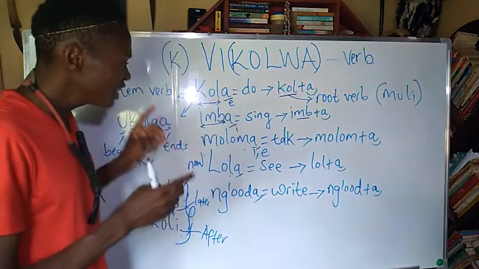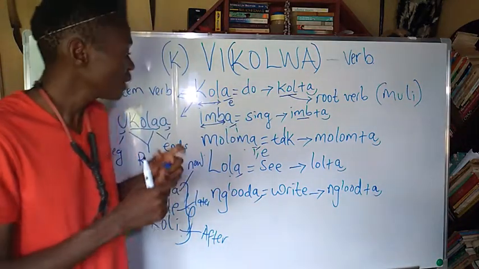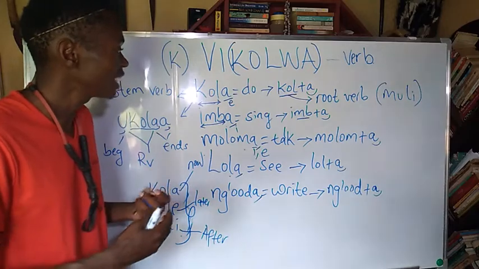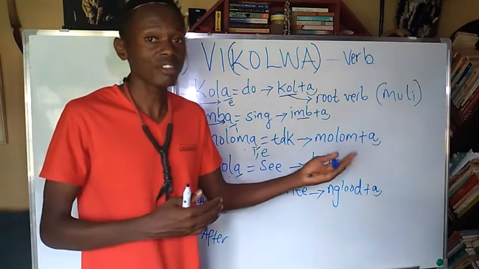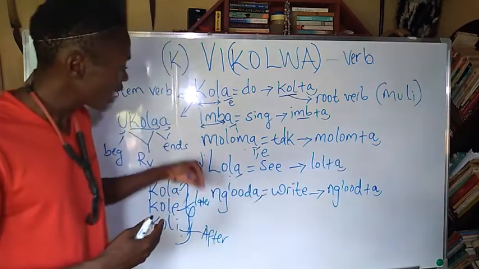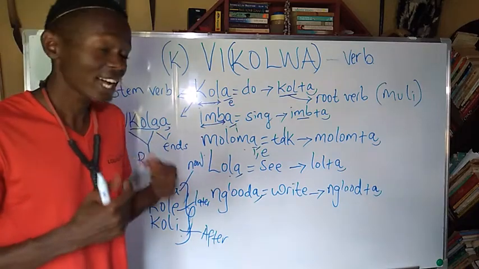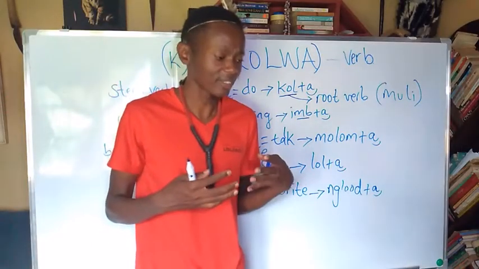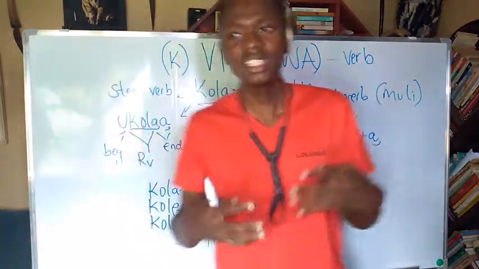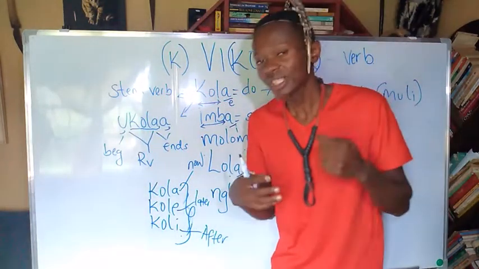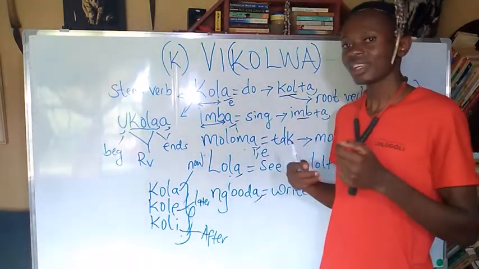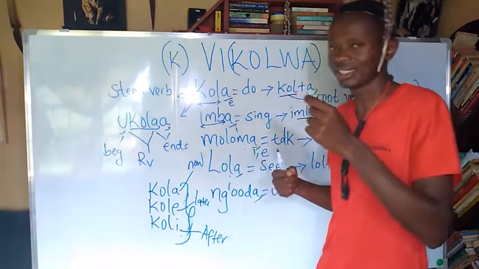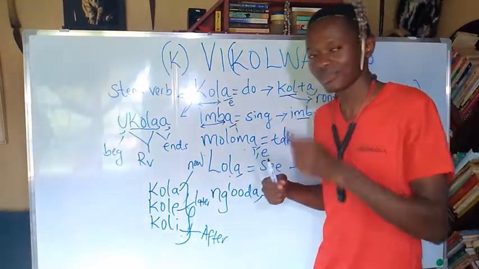There are other additions on a verb which we may not necessarily discuss now because they are into the increasing mode of language learning. But for now, it is just important for us to understand that a verb in its simple sense has one indivisible part, which is called the root.